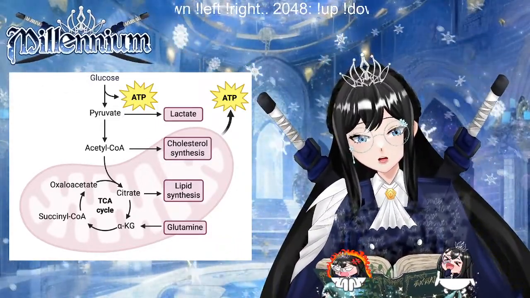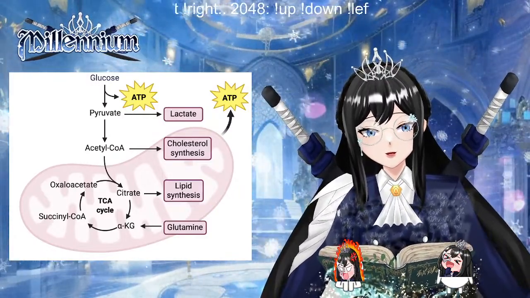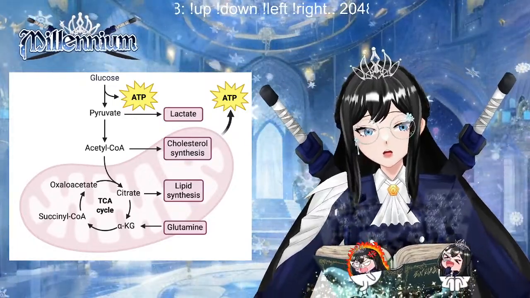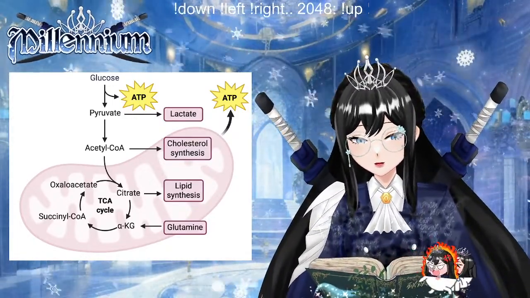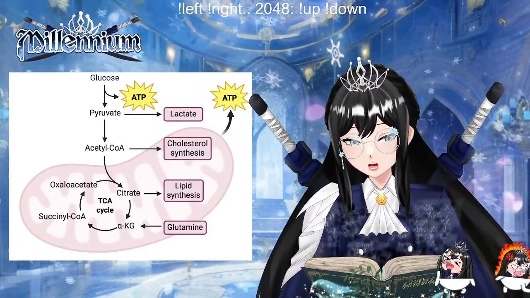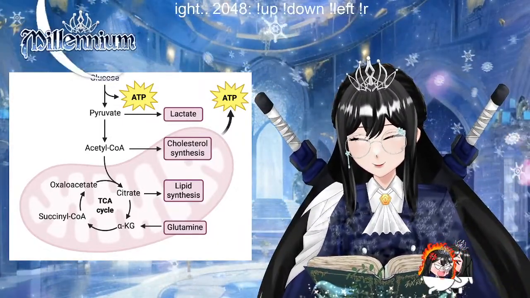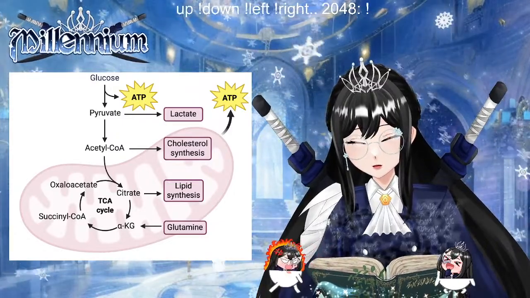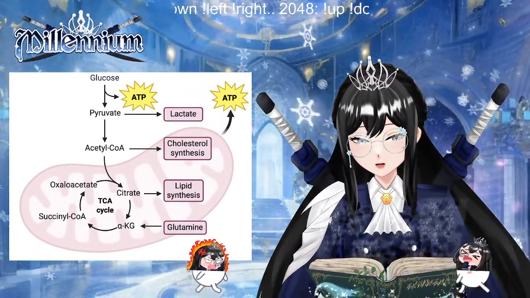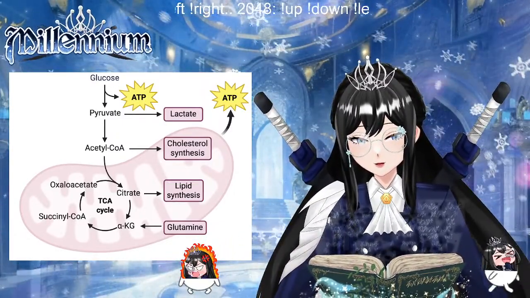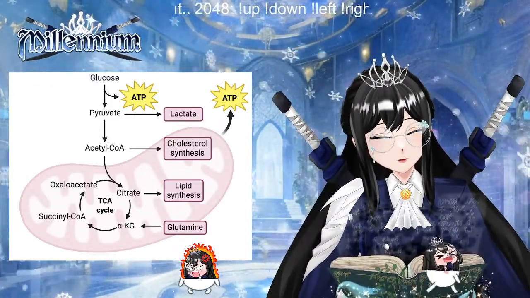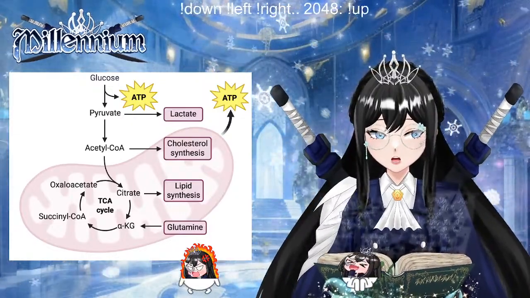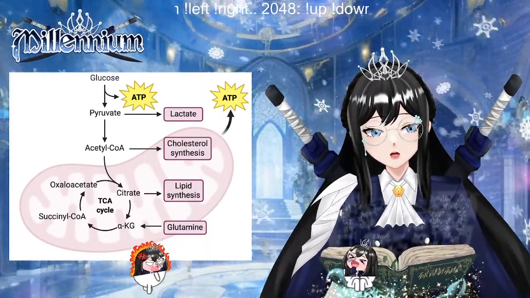Glyceraldehyde 3-phosphate and dihydroxyacetone phosphate. Dihydroxyacetone phosphate you can convert into G3P, and we want to convert it to G3P. Why? Because G3P is then converted into 1,3-bisphosphoglycerate. The conversion of G3P into 1,3-bisphosphoglycerate yields NADH.